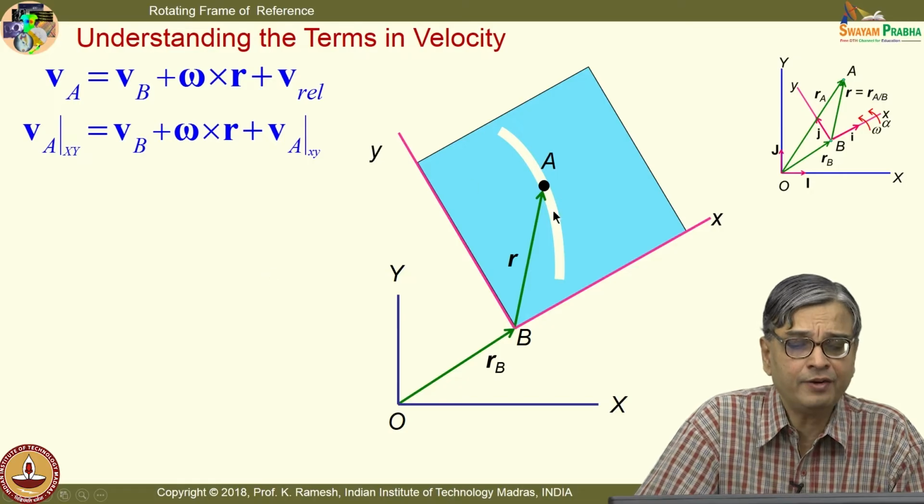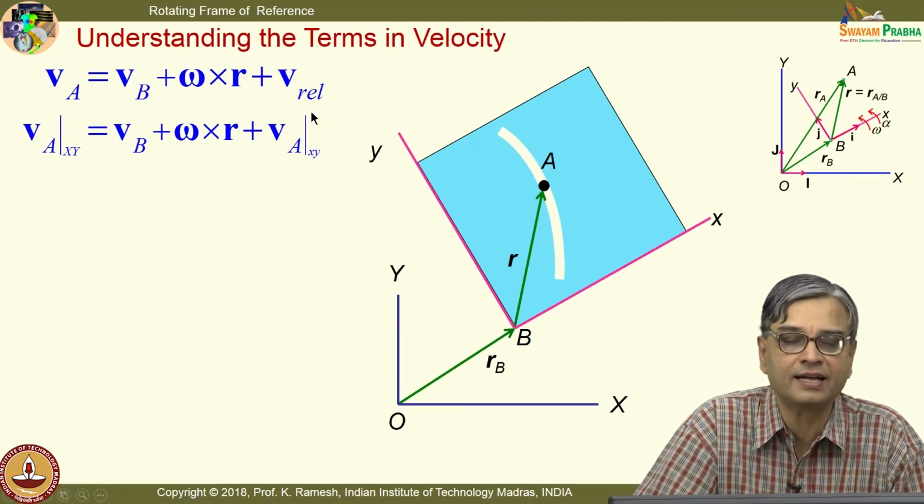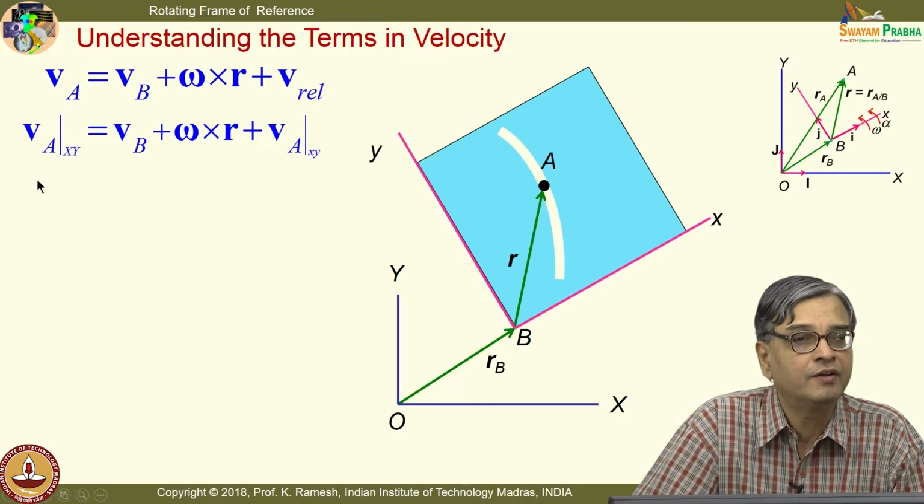Even before we start this, we have the expression VA is VB plus omega cross R plus vrel, as given in Meriam. From another perspective, it is velocity with respect to xy.